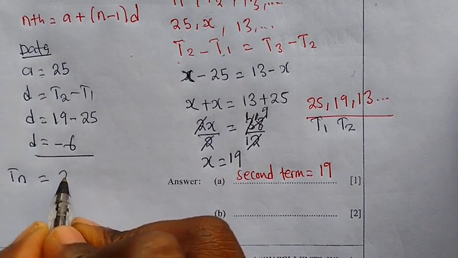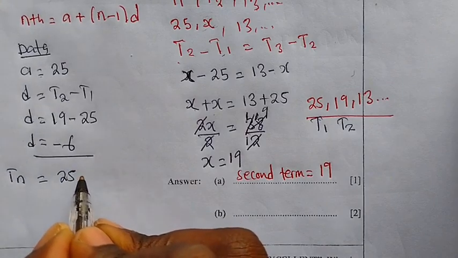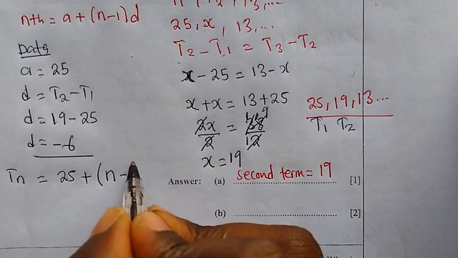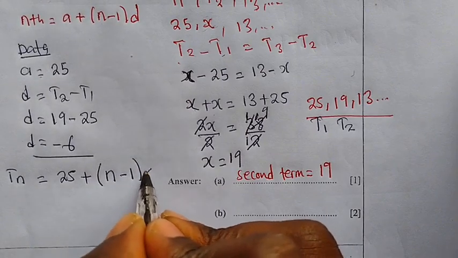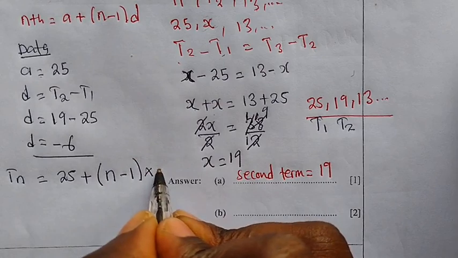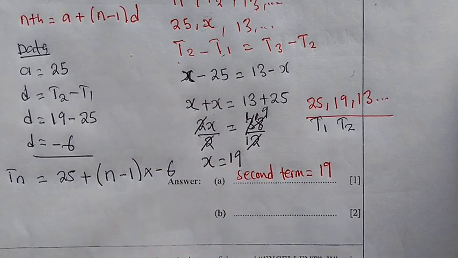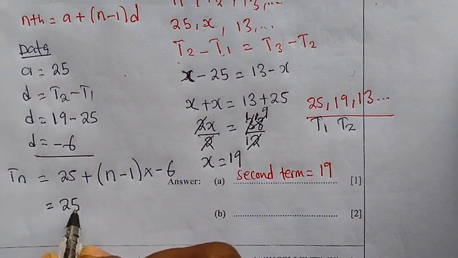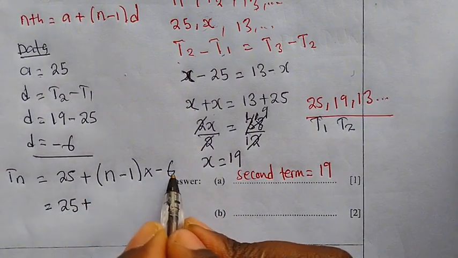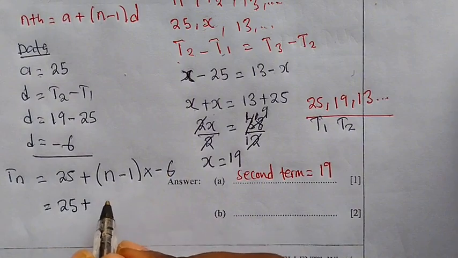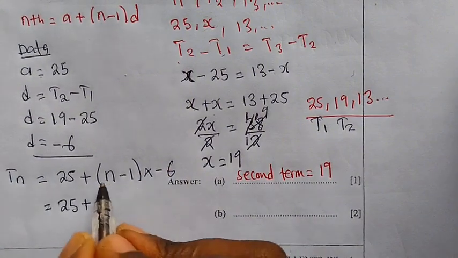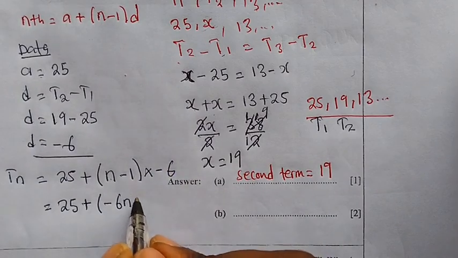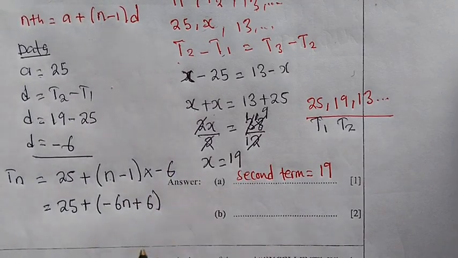Our first term we have said is 25, plus open bracket n minus 1 close bracket times our common difference, which is negative 6. So from here we say 25 plus, this negative 6 has to multiply the terms inside. Negative 6 times n is negative 6n. Negative 6 times negative 1 is a positive 6.